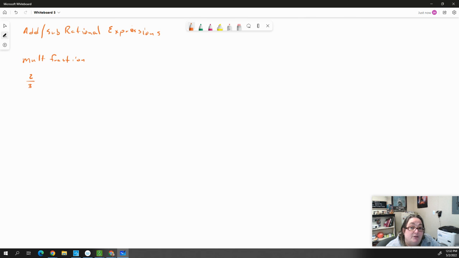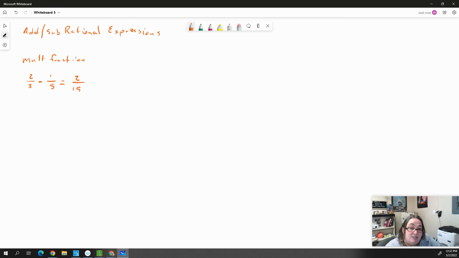If I had 2/3 times 1/5, I would go 2 times 1 is 2, and 3 times 5 is 15. And that'd be all there is to it. And even when there's variables involved, it's still going to work the same way, right? We may have to reduce that fraction when we get to the end, just like we would if it was numbers that needed to be reduced, right? But it's still just multiplied across.